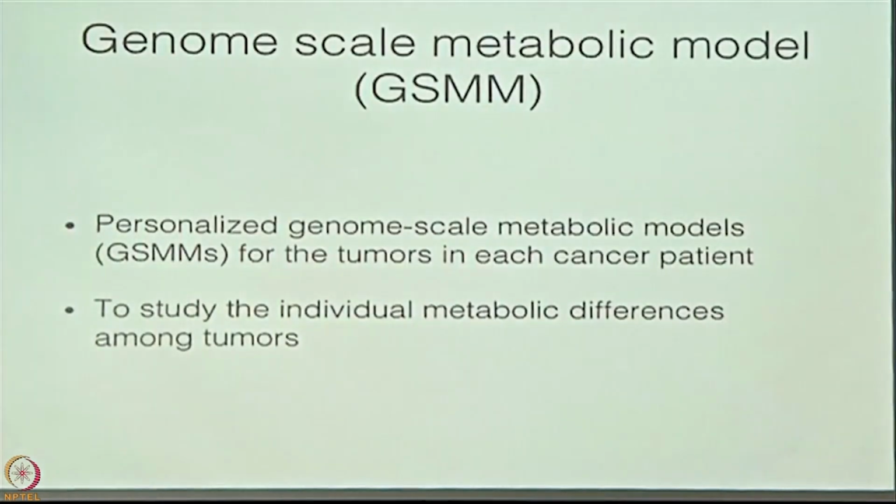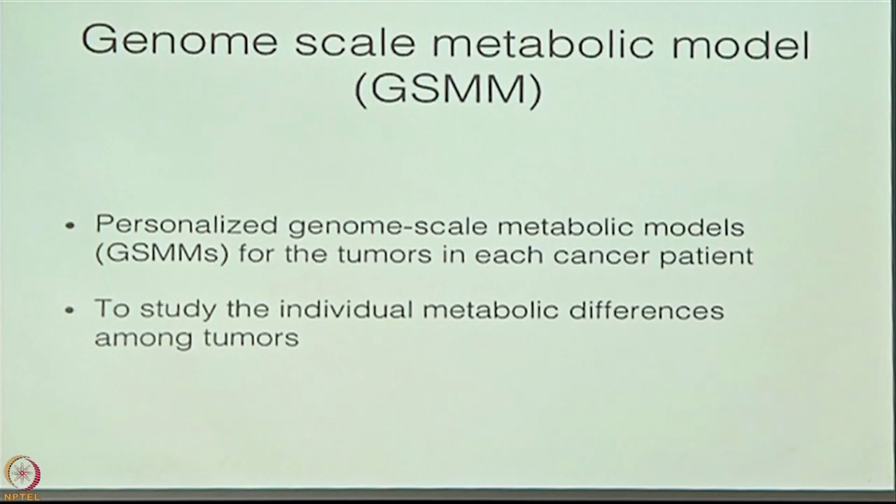Now, with all this information, bringing it to the end of almost my talk, is it possible to generate a personalized model for an individual cancer for treatment? Something that is referred to now as a genome scale metabolic model.